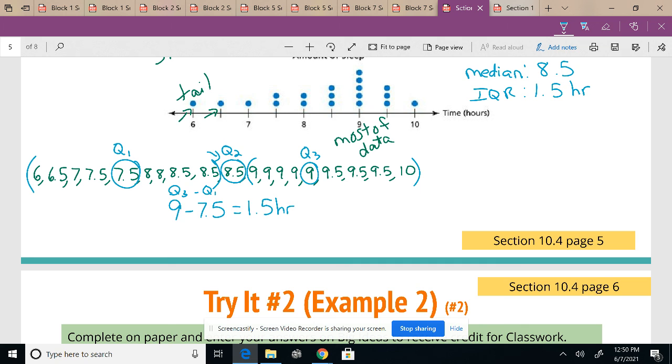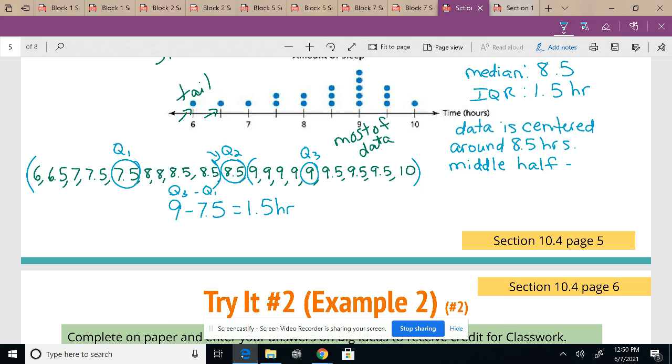So your true answer is actually going to say the data is centered around 8.5 hours, which is your median. And then you can say the middle half, which is your interquartile range.